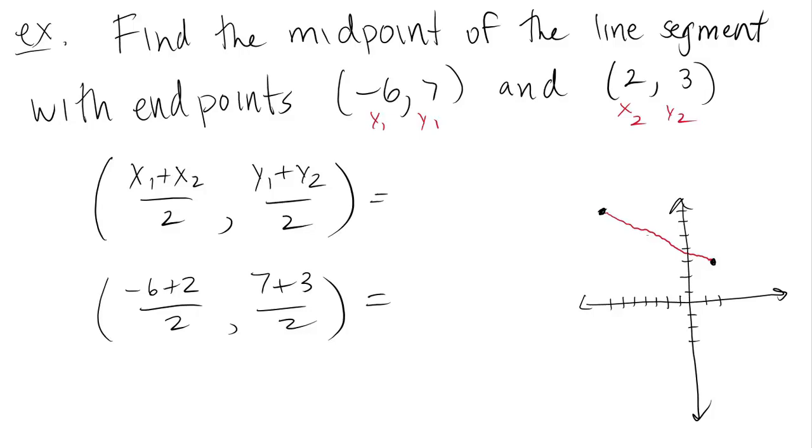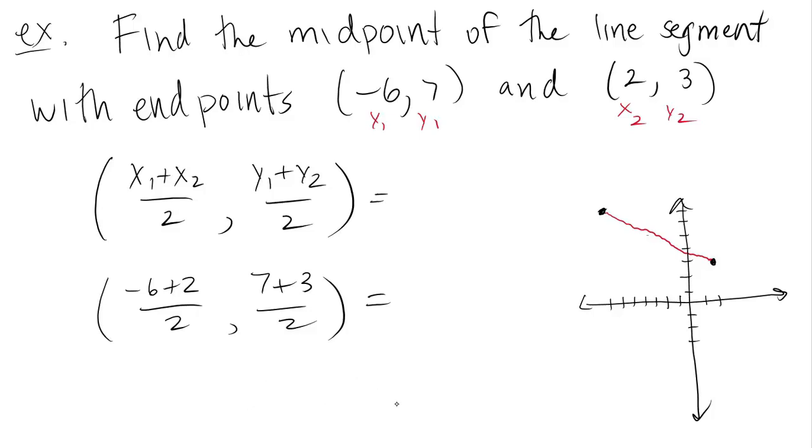It's okay to use your calculator even when the arithmetic is easy. If you're going to do this arithmetic in the calculator, make sure you do the addition first and then divide, or use parentheses. Don't type something like this. The calculator is strict about the order of operations, and it's going to do the division first and then do the addition. If you want to make sure the addition happens first, slap parentheses around it.